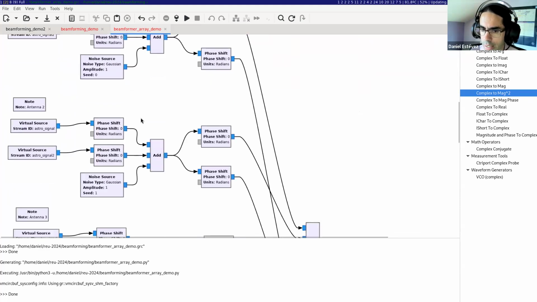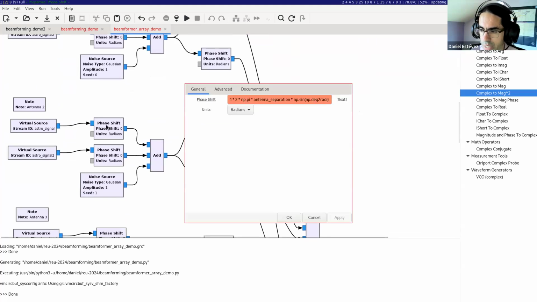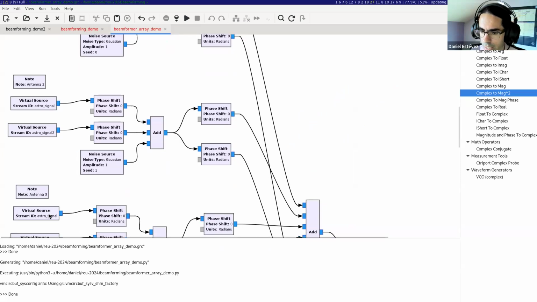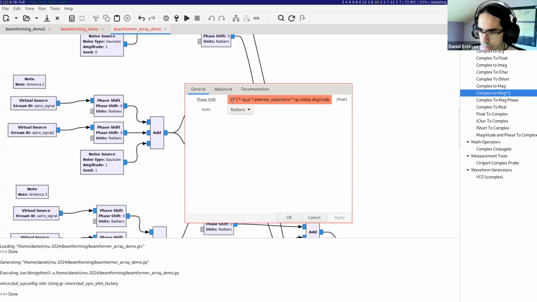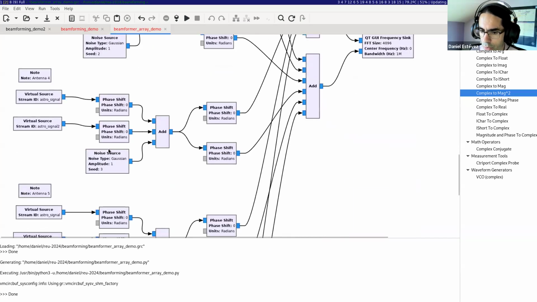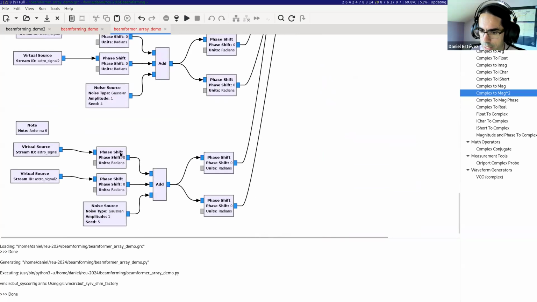Antenna 2 is basically the same, but instead of 0, there is a 1 here. This 1 is because of this 1D. If I go to the next antenna, there will be 2 because of 2D. So antenna 3 here has a 2D, and so on and so forth: antenna 2, antenna 3, antenna 4, antenna 5, antenna 6.